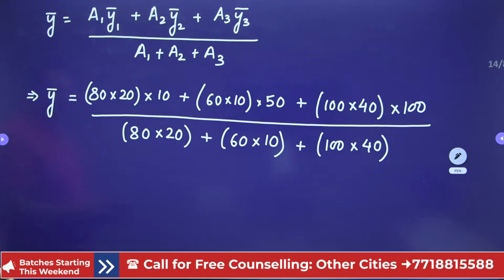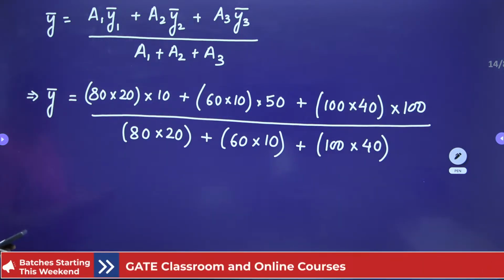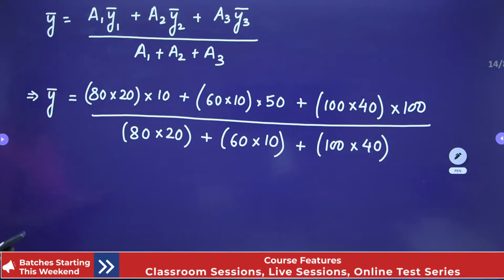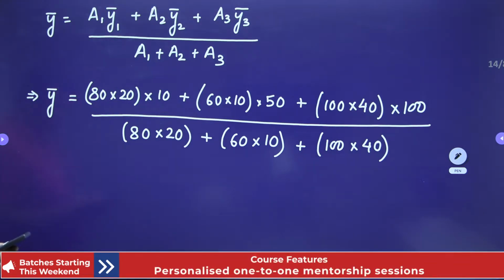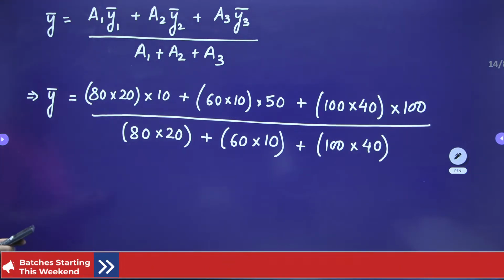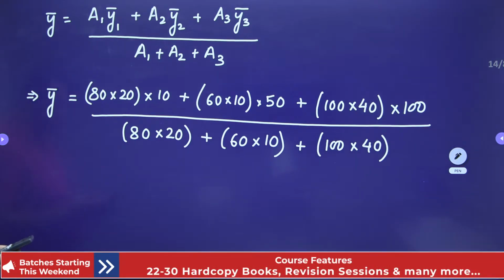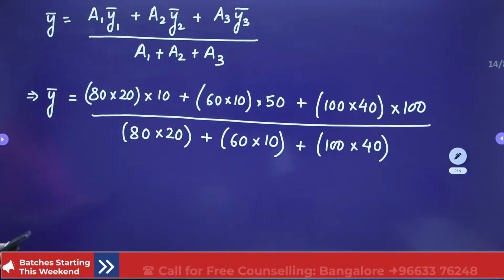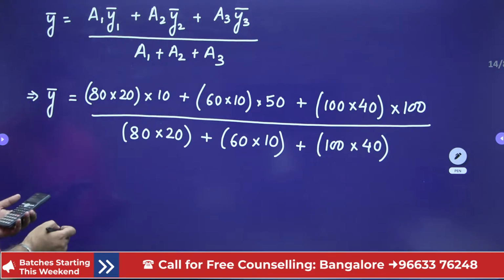So this is 16,000 plus the other terms, divided by the total area, giving 71.935.